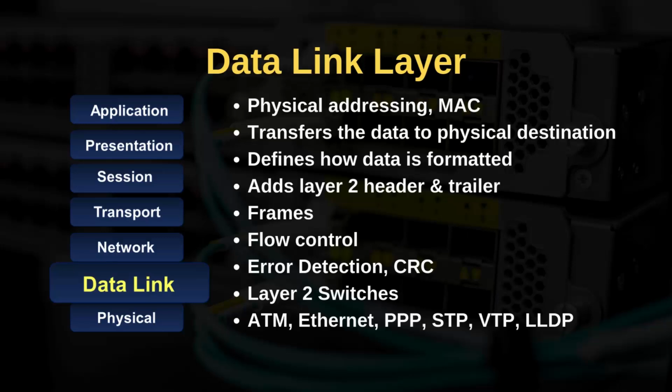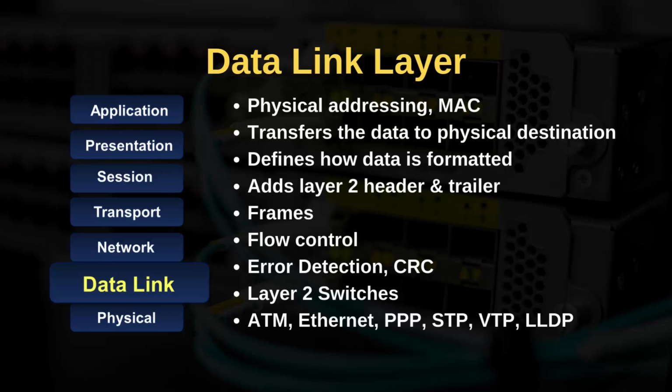This layer transfers the data to the physical destination, and it also defines how data is formatted. And in this layer, a layer 2 header and trailer is added to the data. And this is data link. The encapsulation part we will talk about in the following slides, and the frames are the key points here.